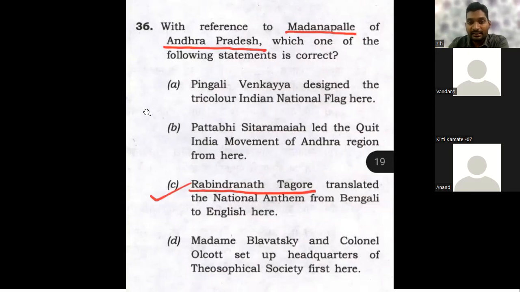And in option A, there is Pingali Venkayya. In option B, there is Pattabi Sitaramaiya. And in option D, Madam Blavatsky, or rather Theosophical Society. Now, everyone who has read modern history knows that the headquarters of the Theosophical Society was located in South India.